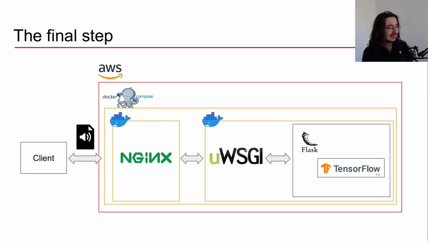So here is how the final architecture of our system is going to look. Regarding AWS, we're going to be using an EC2 instance, and specifically we're going to deploy on an Ubuntu server. Okay, so let's get started.